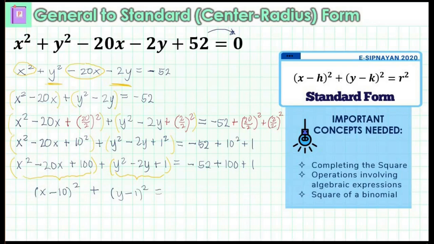And on the right hand side of the equation, we simply simplify. It's negative 52 plus 100 plus 1. Simplifying that, we will get 49. Hence, we are done. The standard form of this example would be quantity x minus 10 squared plus quantity y minus 1 squared equals 49.